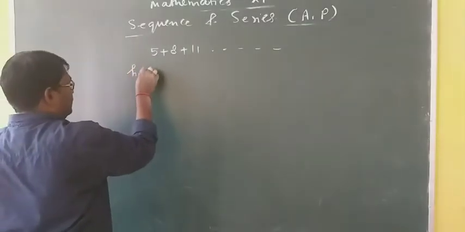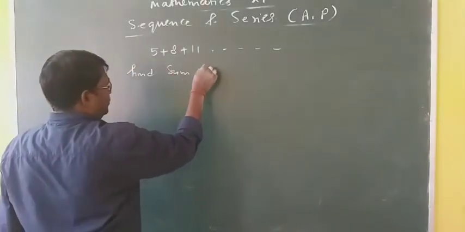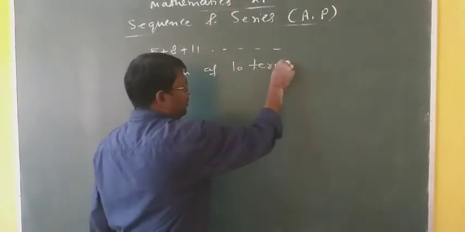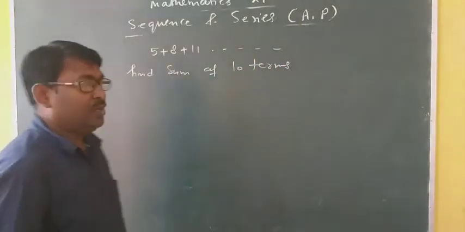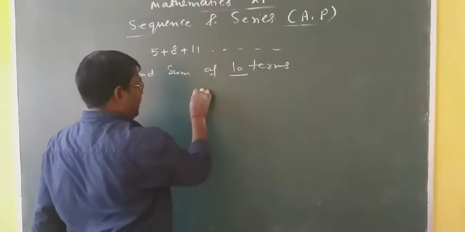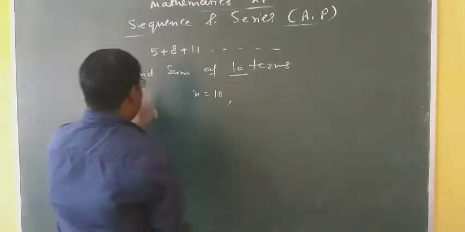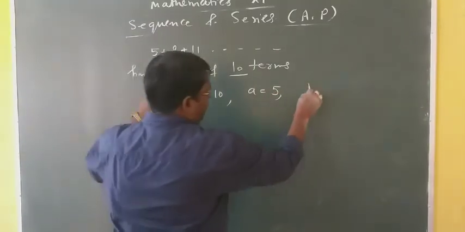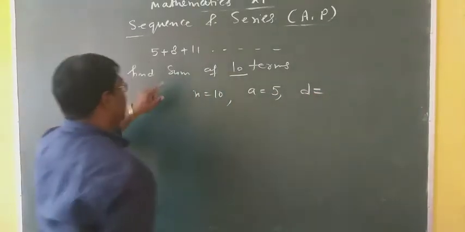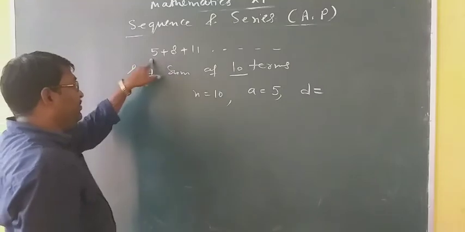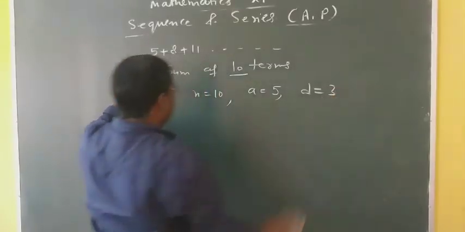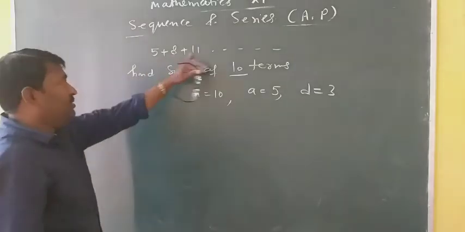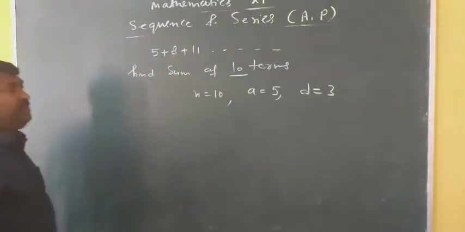Find the sum of 10 terms, 10 terms only of this series. 10 terms means n is 10. What is a? a is 5. What is d? d is second term minus first term, 8 minus 5. It is 3. Since here 11 minus 8, again 3. That's why this given series is an AP.